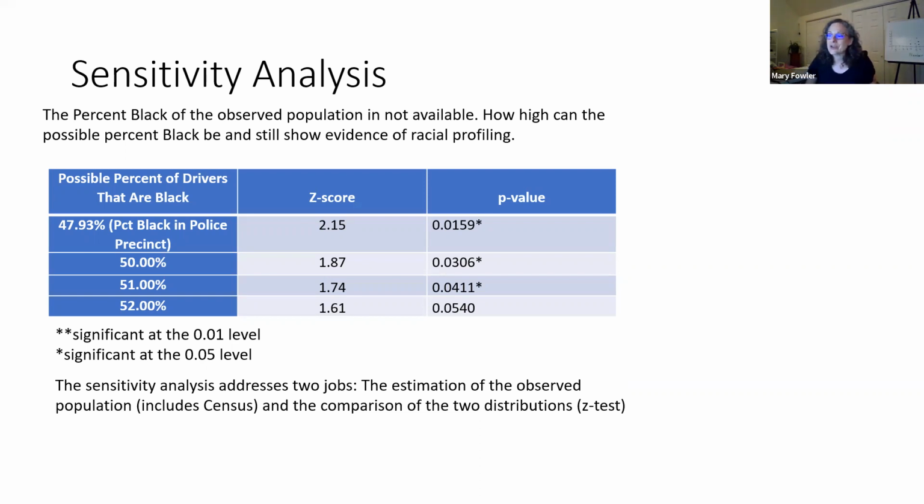In some sense, this is an estimation of the observed population and a comparison of the two distributions. That's what the sensitivity analysis is used to answer: how high can the percent Black be and still show evidence of racial profiling?